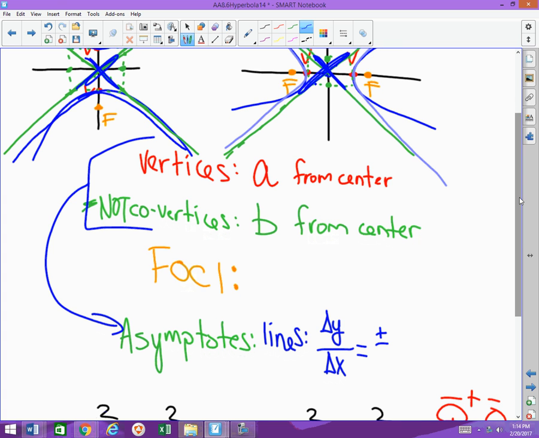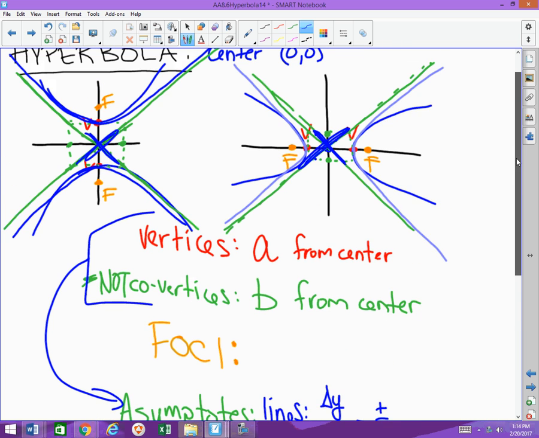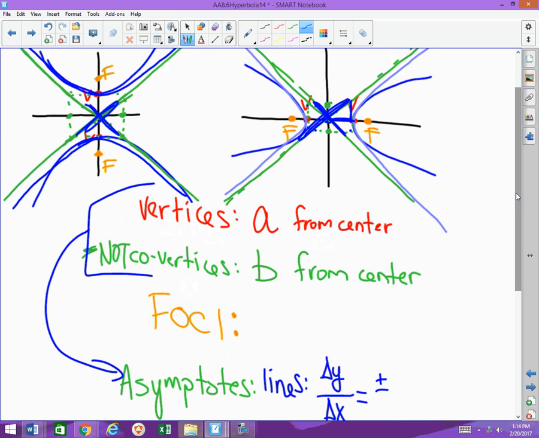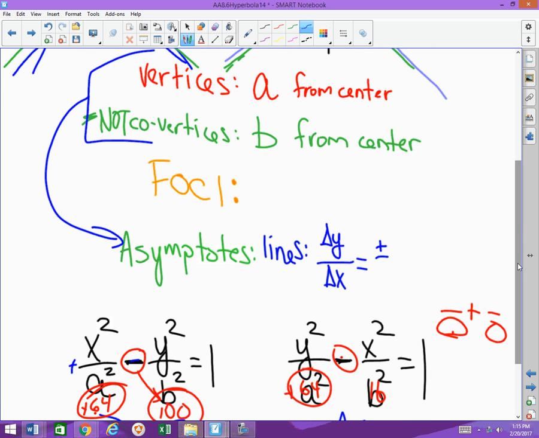Well, you're going off of these points here, corners of this rectangular box, and the value here is a and the value there is b, so therefore the slope is b over a, and then over here it's the same thing except the slope is a over b. So you either have to have plus and minus b over a or plus and minus a over b.